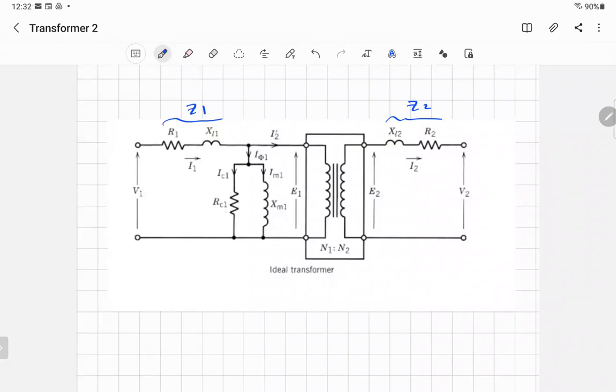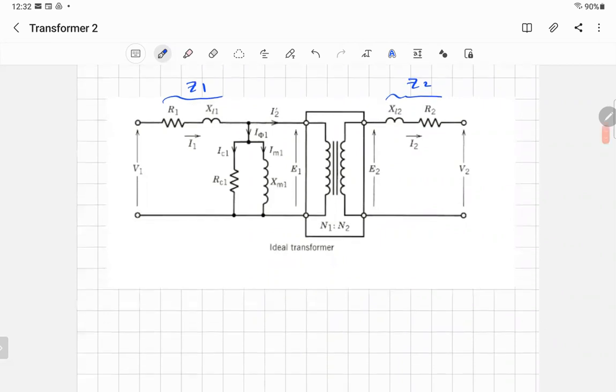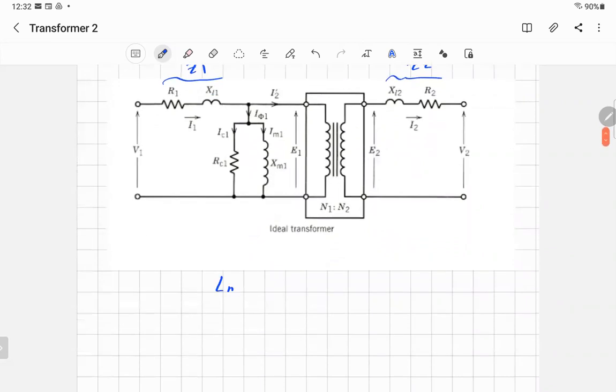You have a resistance, which we call RC1, and you have a reactance called XM1. What are those? XM1 comes from LM. What does LM mean? The mutual inductance. Because I want to find the effect of phi m, something to represent phi m, the mutual flux that's in the core.